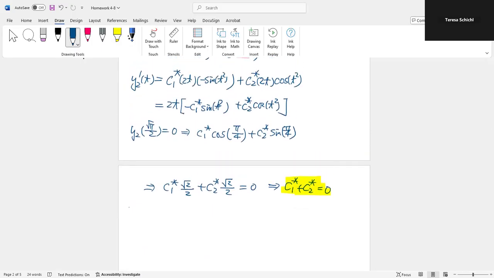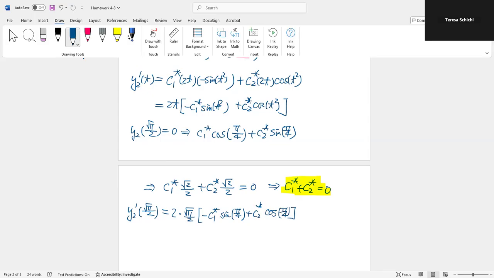Now I substitute into y2 prime: 2 times square root of pi over 2, times negative C1 star sine pi over 4 plus C2 star cosine pi over 4.